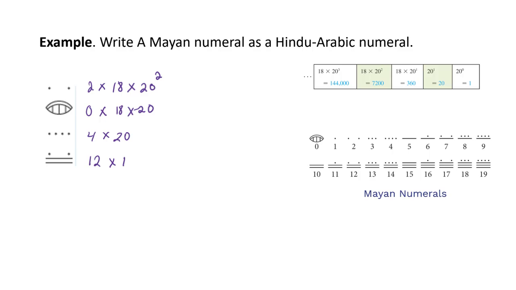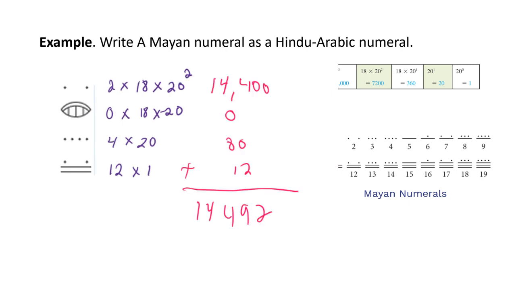And then there's another place value on the top, which is 2. Multiply it by 7,200. And if you add all of these numbers, this becomes 14,492. So these symbols represent the number 14,492.